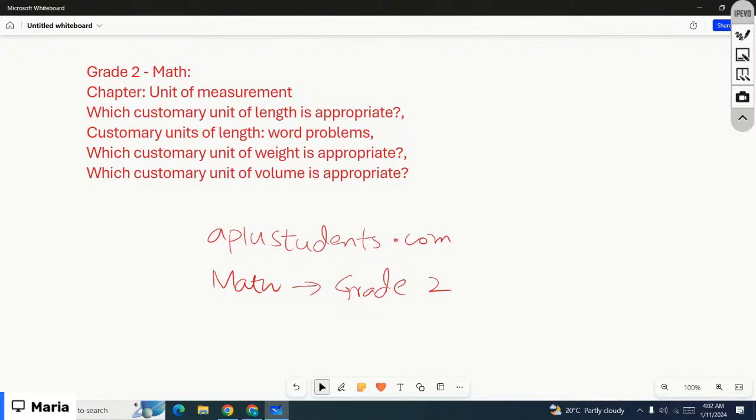The lessons we're going to cover today are which customary unit of length is appropriate, customary units of length word problem, which unit of weight is appropriate, and which customary unit of volume is appropriate.